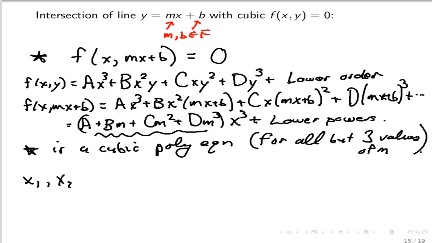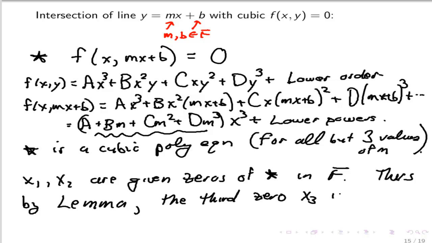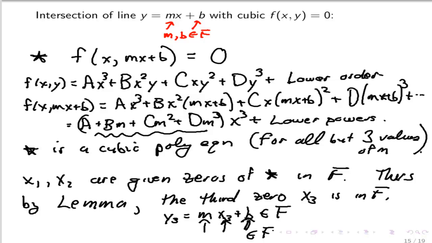So x1 and x2 are given zeros of star in F. Thus, by our lemma, the third zero is also in the given field F. x3 is in F. And then once you know that x3 is in F, the y coordinate, let's call it y3, which would be m x3 plus b, is also in F because m, x3, and b are all elements of F. Thus, we get a new point coming from our given field we started with, QED.